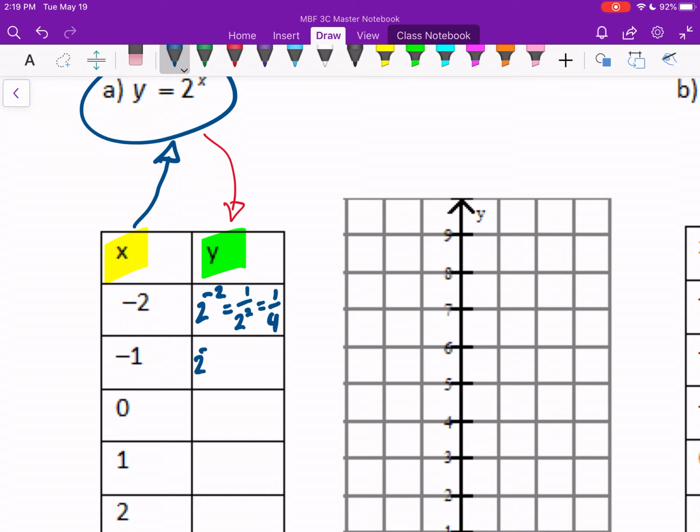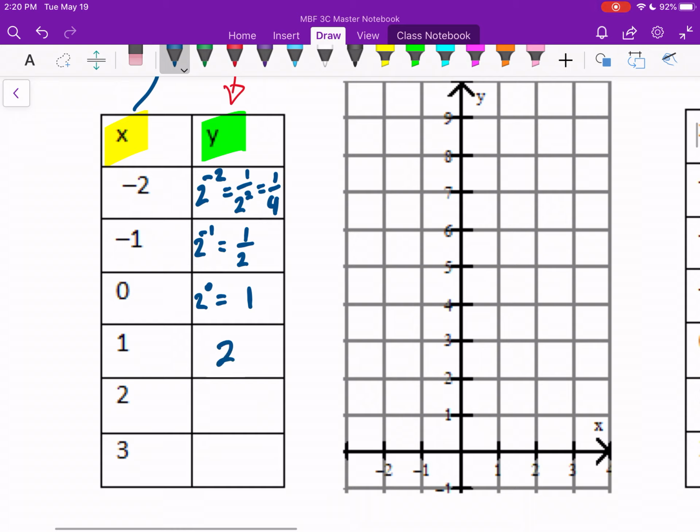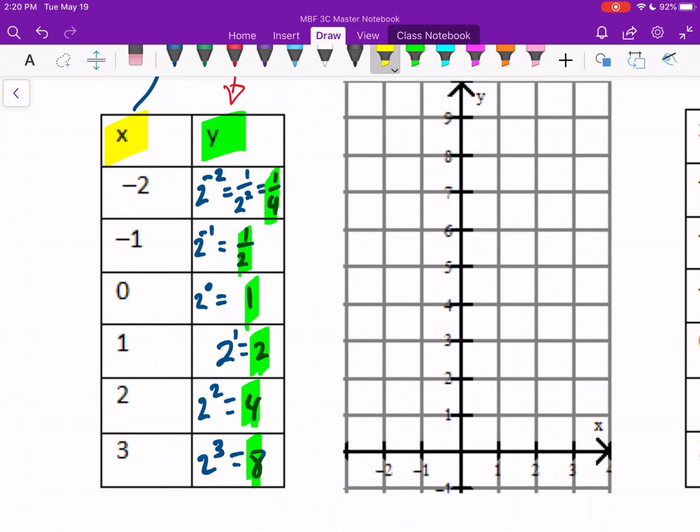Then 2 to the negative 1 becomes 1 over 2 to the positive 1, which is just 1/2. 2 to the 0, anything to the exponent 0 equals 1. And 2 to the 1 equals 2. 2 to the 2 equals 4. 2 to the 3 equals 8. So these are our y values that go along in each of our ordered pairs.